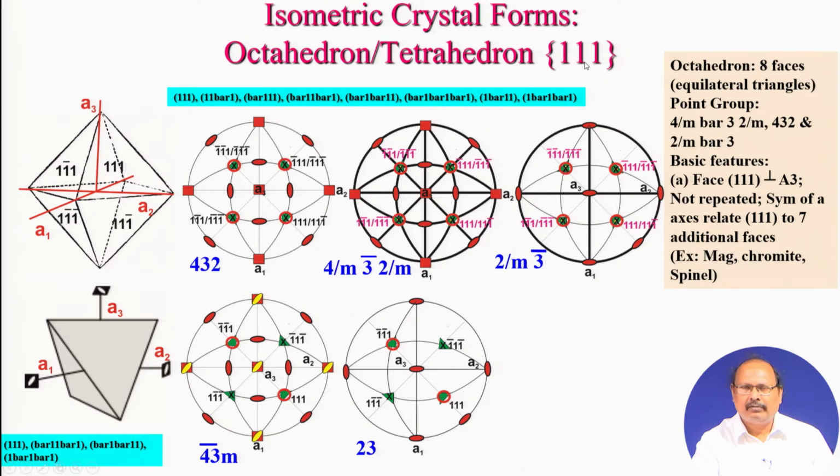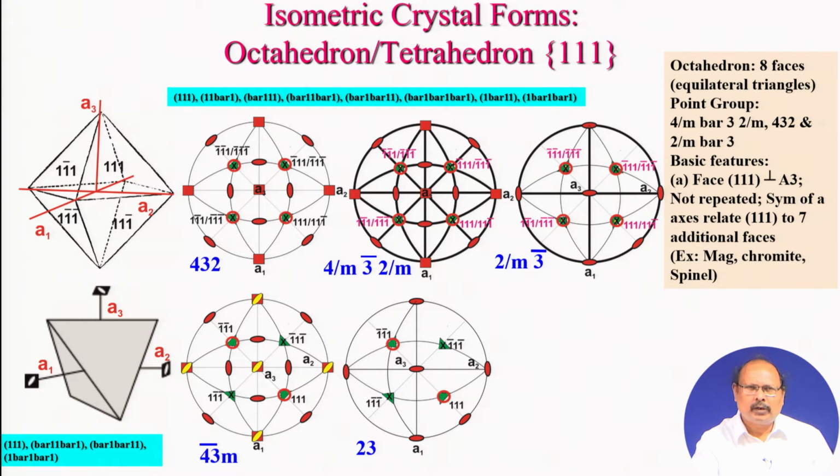Now, if you have a face which is perpendicular to the triad, immediately you know the triad will have no role on this 1 1 1 face. So, the triad will not generate additional faces from 1 1 1.